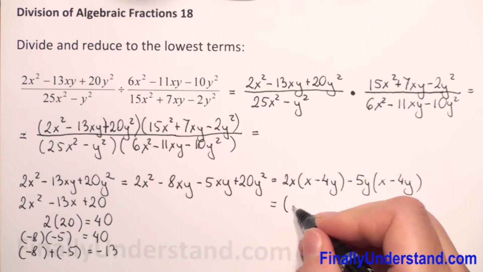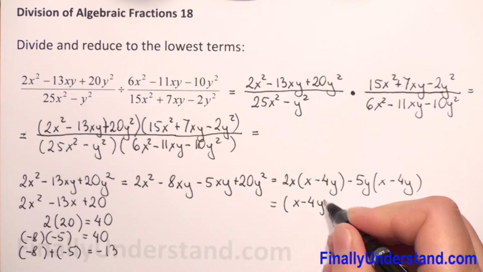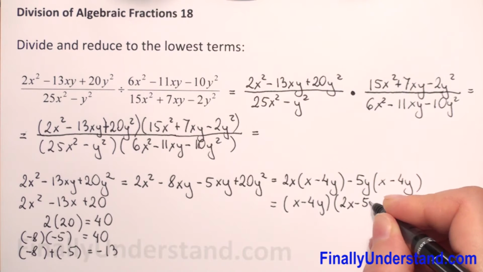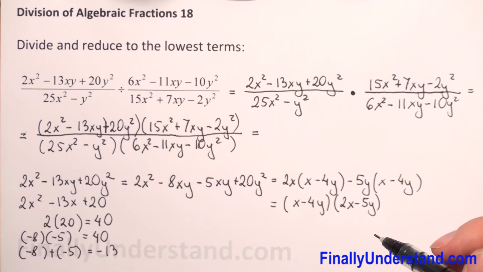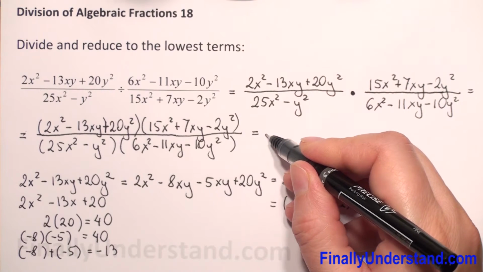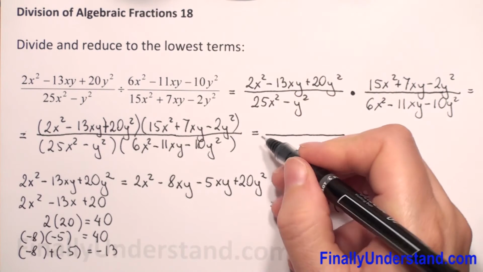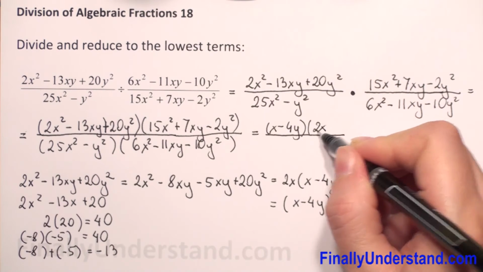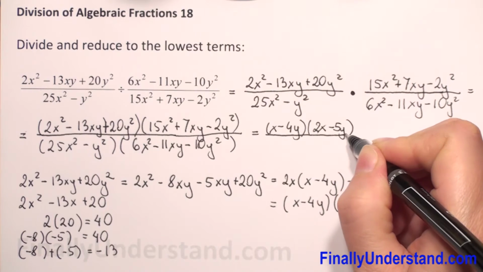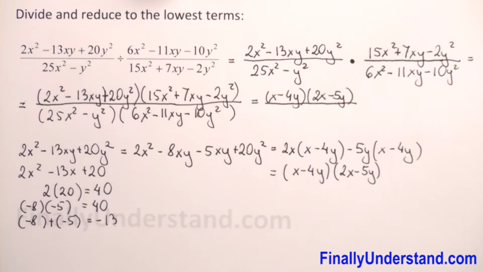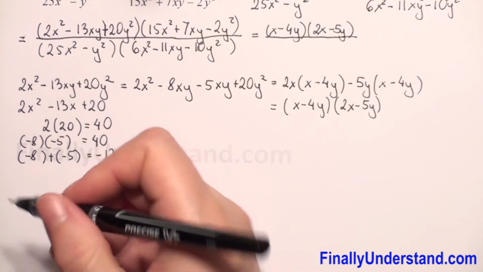Now we see that we can factorize x minus 4y, and in the second parenthesis we will have whatever is left, so 2x minus 5y. So now we can rewrite our first parenthesis as two products, x minus 4y times 2x minus 5y.